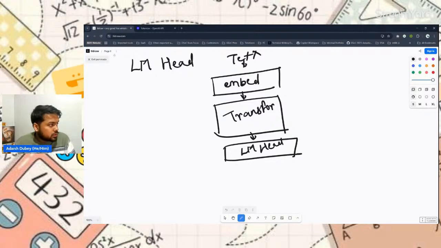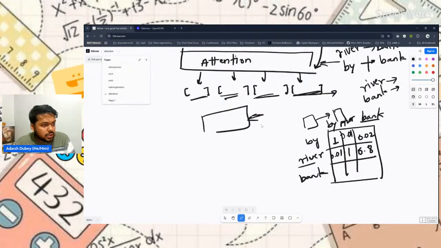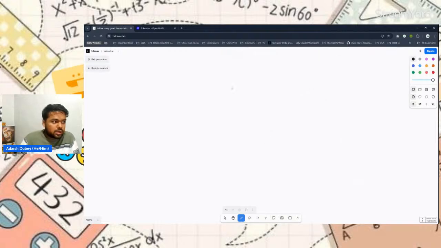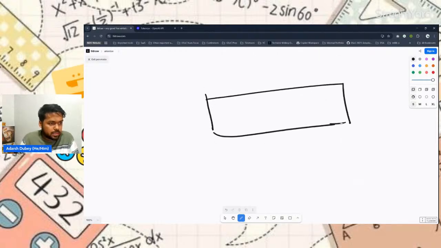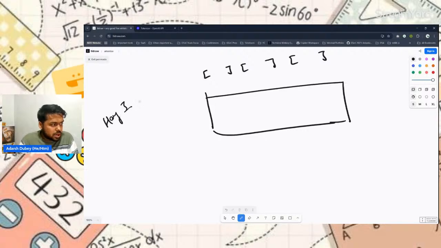Okay, to explain this, I need to go back and talk about one last thing. Suppose there are 3 words, and I need to generate the 4th word out of it. So if there is "hey, I am", and I need to generate the next word, it looks something like this.